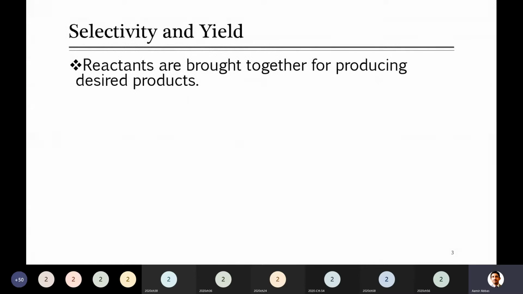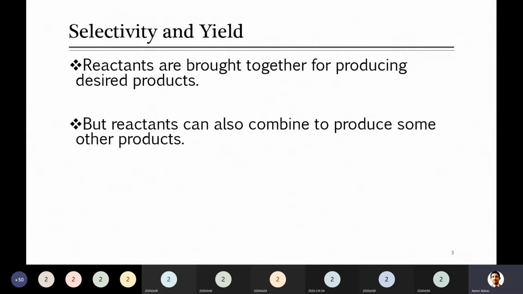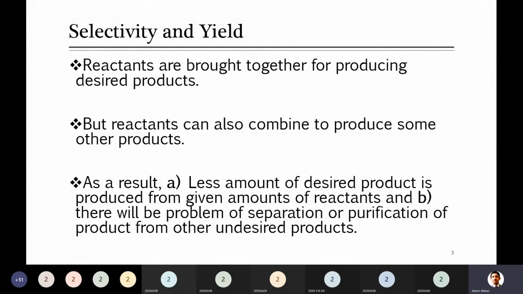So whenever you bring some reactants close to each other, your basic purpose is to produce some product. But at the same time, when we are producing a product, some other products are also produced, which we usually call byproducts, something we are not looking for. So whenever byproducts are produced from the reactants, two things occur.